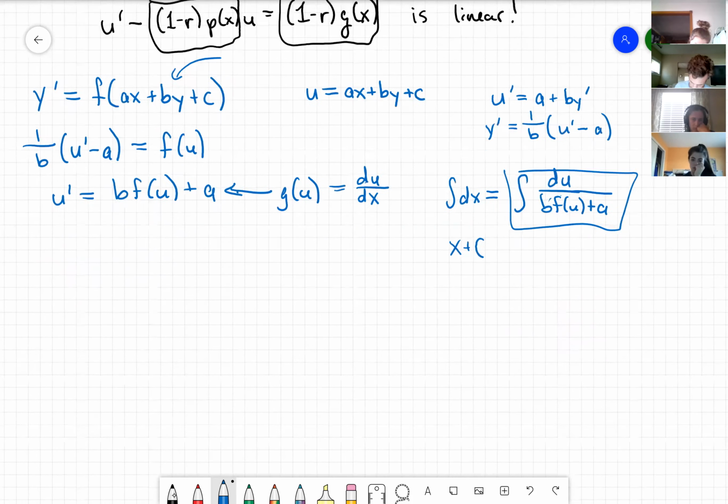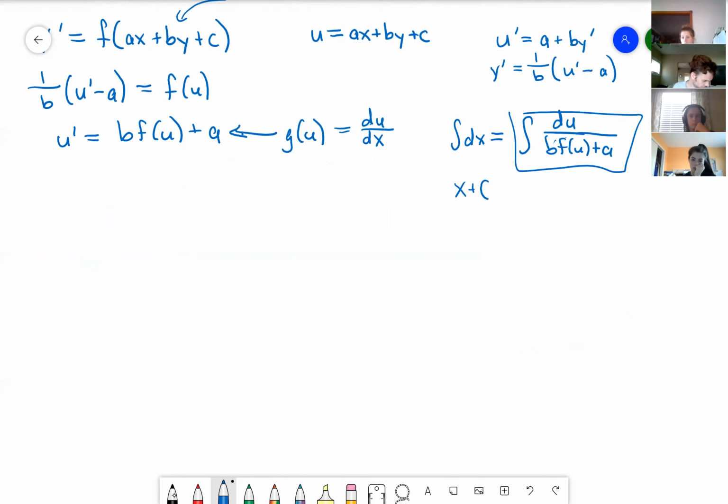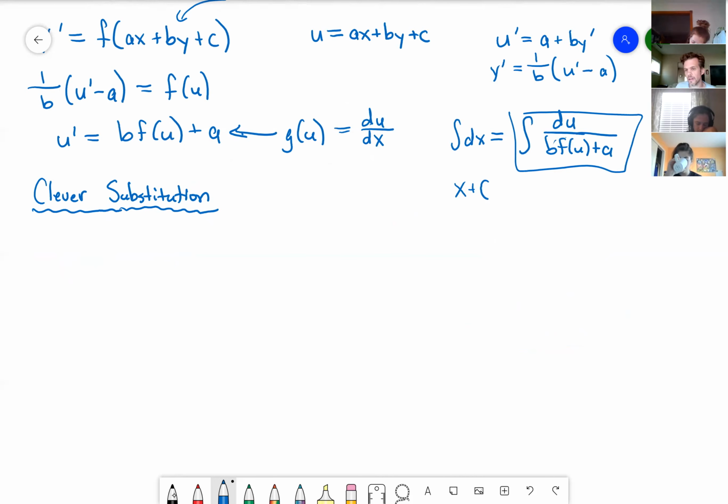So finally, the book gives us this nice table of some clever choices of substitutions. I'll title this Clever Substitutions. Substitutions that may not be immediately clear to you whenever you see an equation. So they say when you see one thing on the one side, try substituting on the other side.